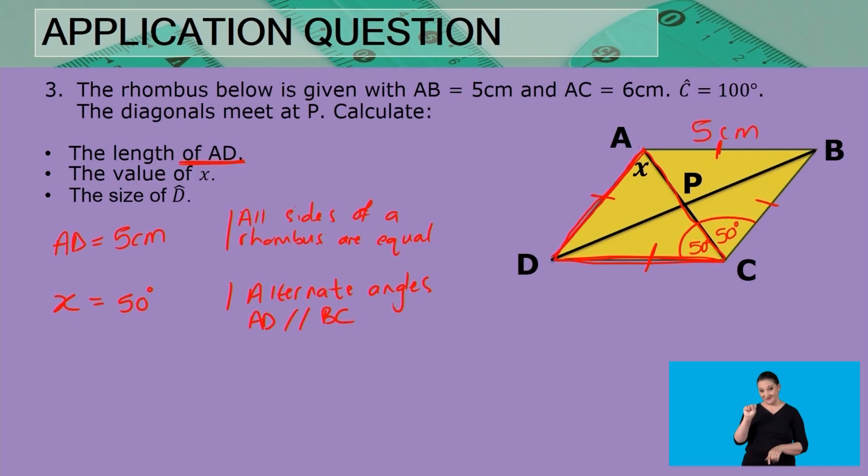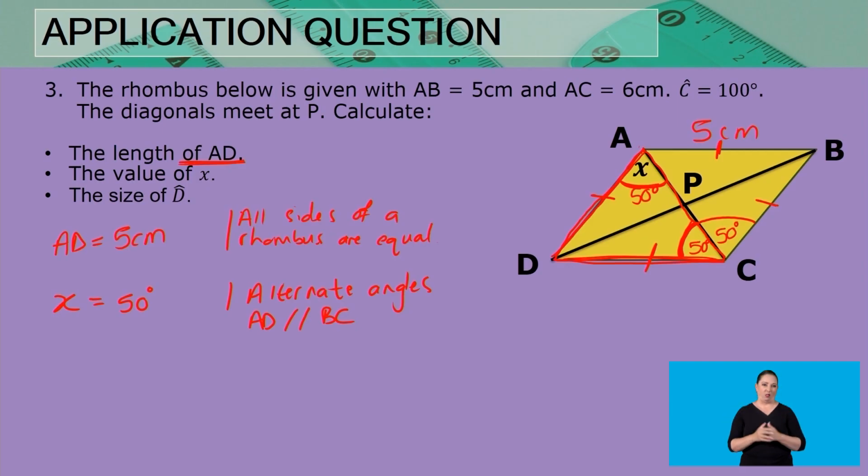Because of that isosceles triangle, we know that the angles that are opposite the equal sides are equal. So we already have 50 degrees, that is opposite side AD. This would also mean that the angle that is opposite side DC is also 50 degrees. And our reason for that would be that the angles are opposite the equal sides.